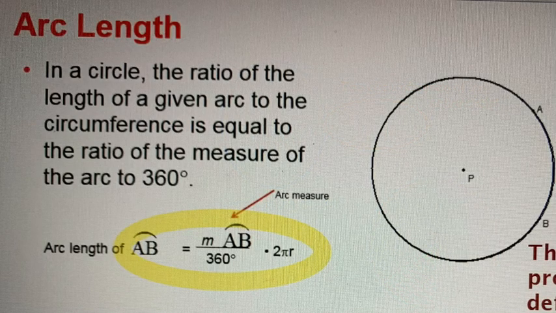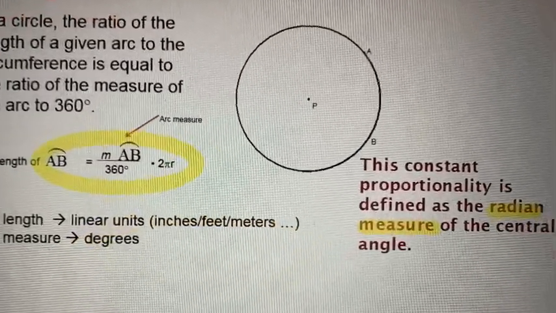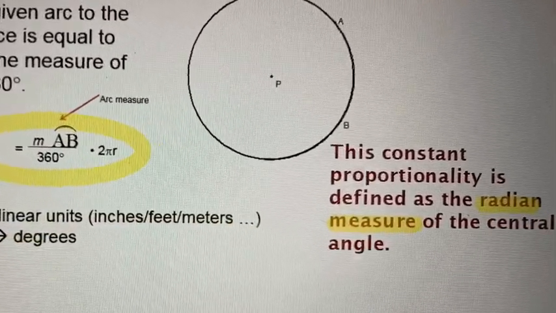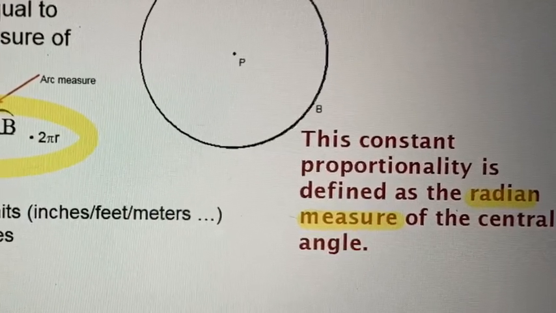The arc length is equal to the arc measure over 360 times 2 pi r, or pi times diameter, and we know that this has a special name. The special name of this constant of proportionality is called the radian measure of the central angle.